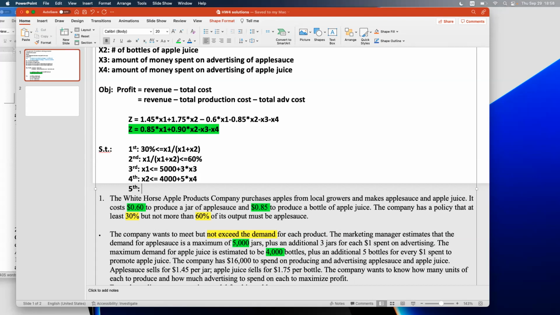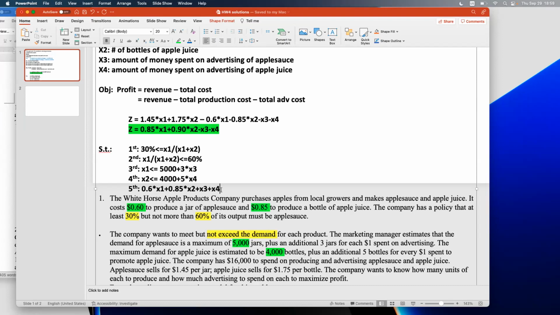What's the formula of your total cost? Remember, that's the total production cost plus total advertisement cost. So we copy and paste: 60 cents for each applesauce plus 85 cents for each apple juice, plus the money we spend on advertisement of applesauce, plus the money we spend on advertisement of apple juice.